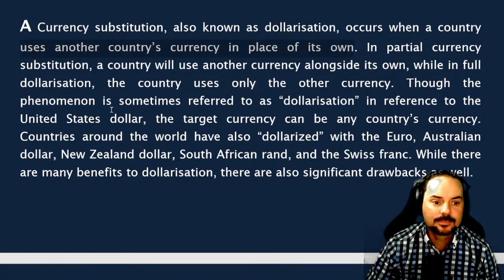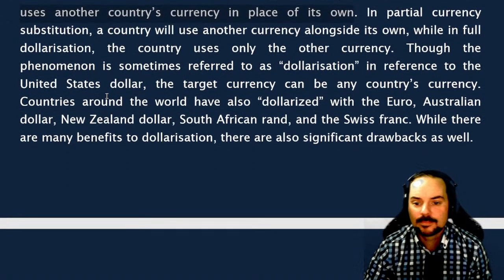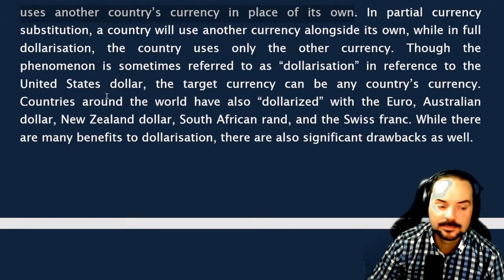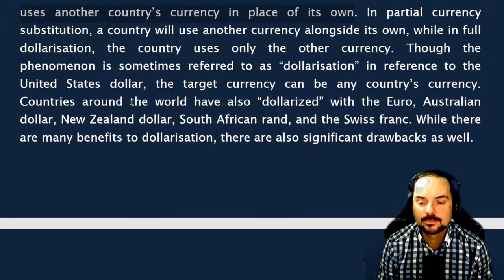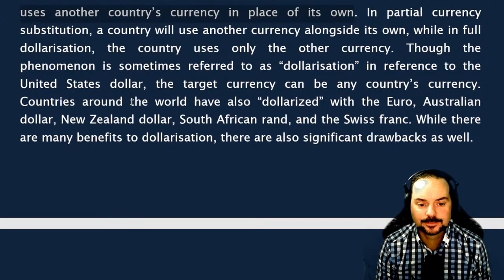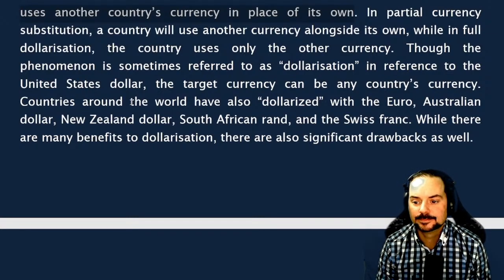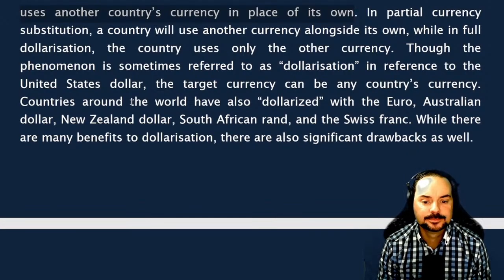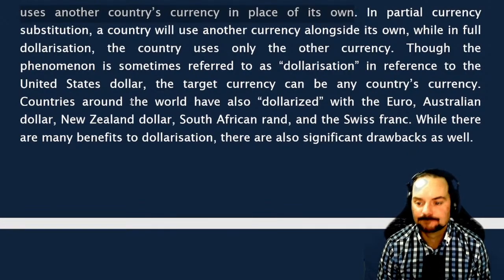Though the phenomenon is sometimes referred to as dollarization, in reference to the United States dollar, the target currency can be any country's currency. Countries around the world have also dollarized with the euro, Australian dollar, New Zealand dollar, South African rand, and the Swiss franc. While there are many benefits to dollarization, there are also significant drawbacks as well.